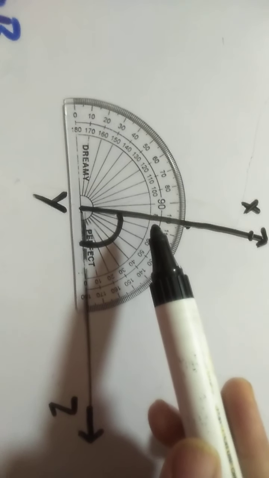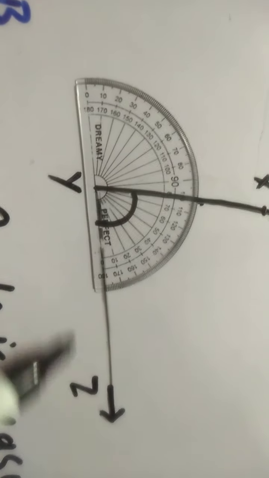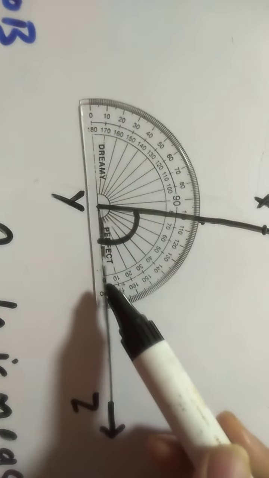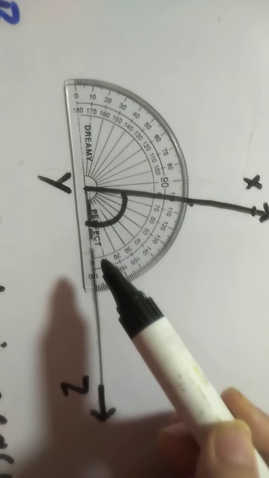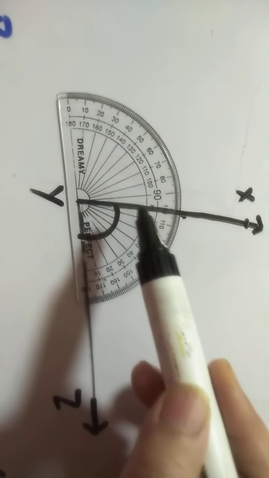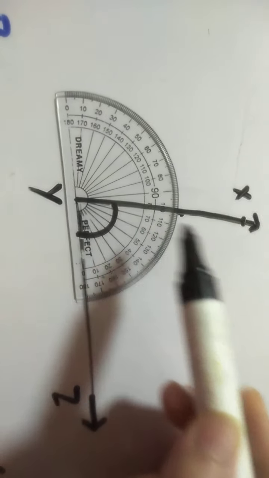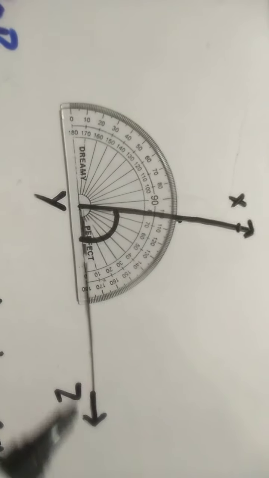So this angle is 80 degrees. Now children, when the ray is towards the right direction, we have to see the angles on the inner circle. So we see here that YX is touching 80 degrees. So the measurement of angle XYZ is 80 degrees.